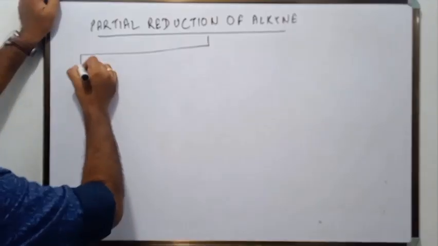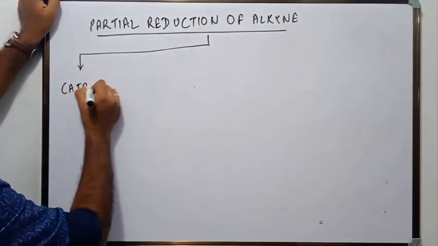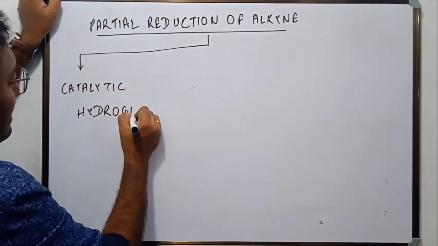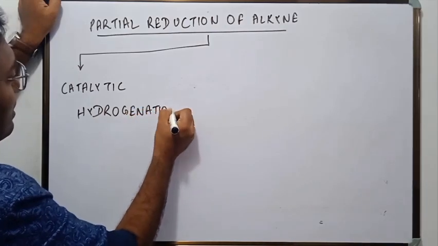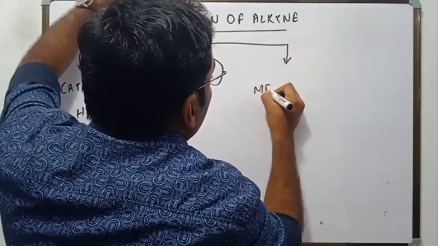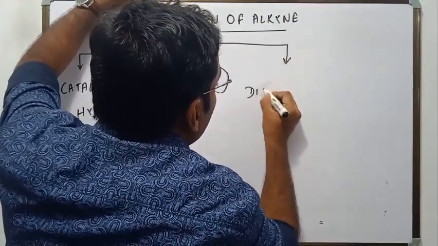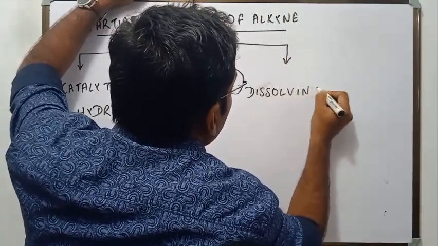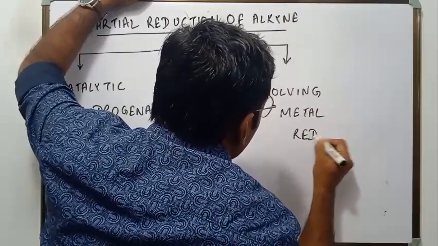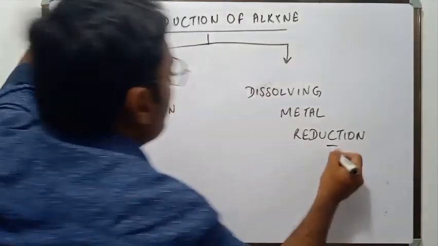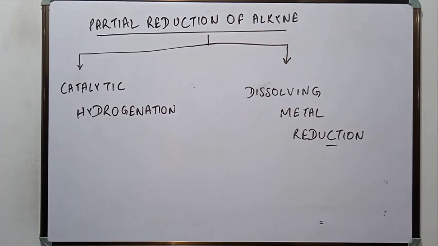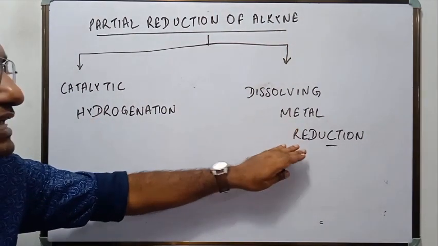The first method is catalytic hydrogenation, and the second method is metal reduction, dissolving metal reduction. If you use these two methods, you can go for the preparation of alkene from alkyne. You will get control over the reaction: catalytic hydrogenation and dissolving metal reduction.